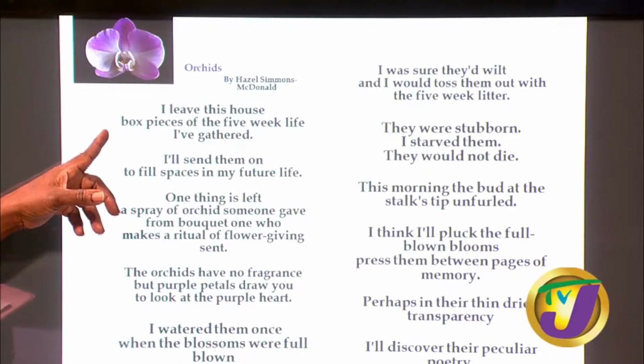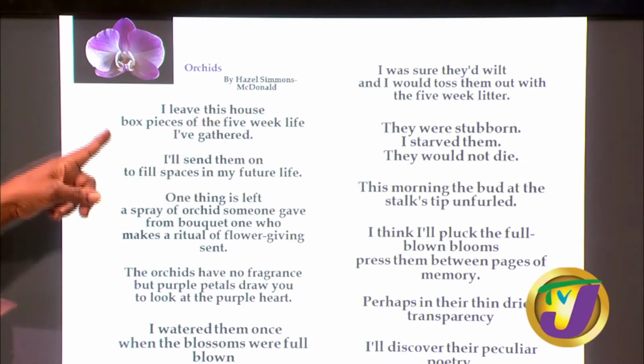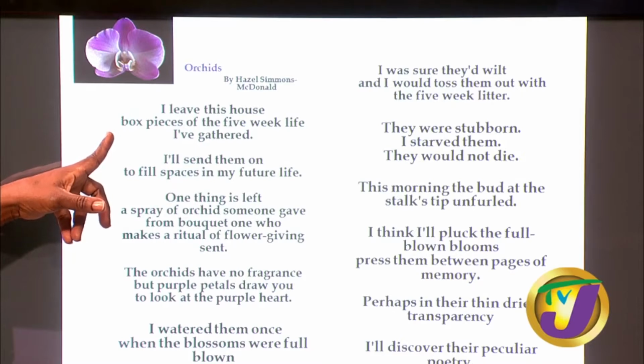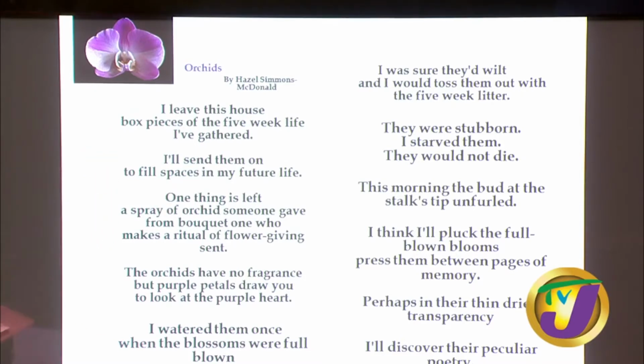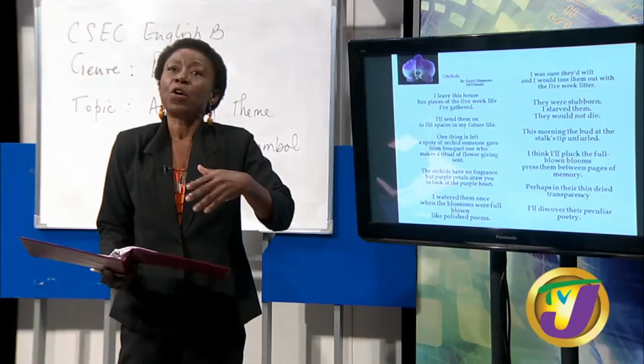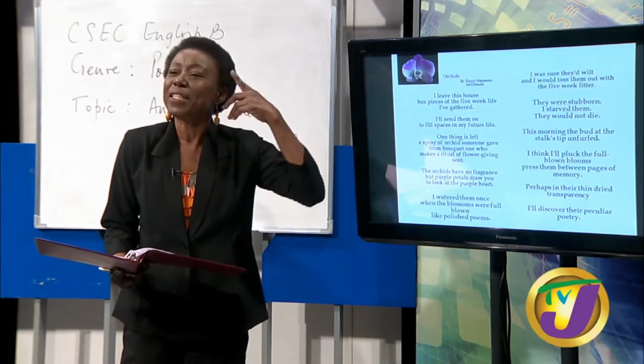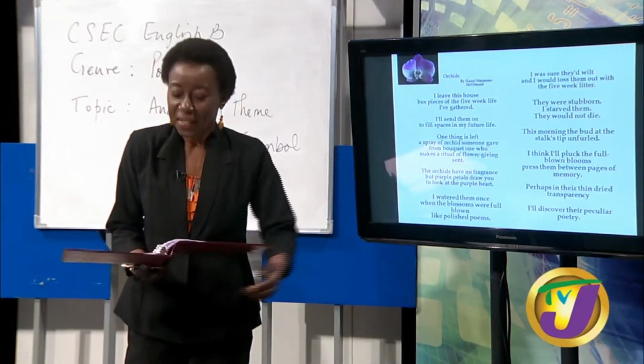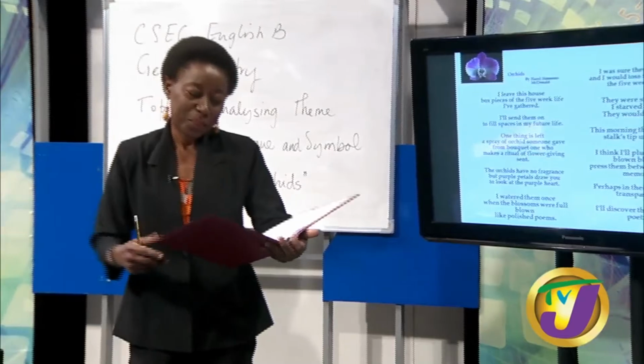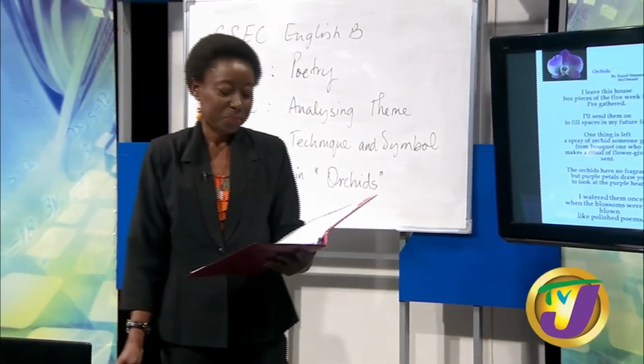Box pieces. I was saying, is this house like a box? So that is a trick, because poetry uses the economy of words and makes your mind tick. So let's go again.